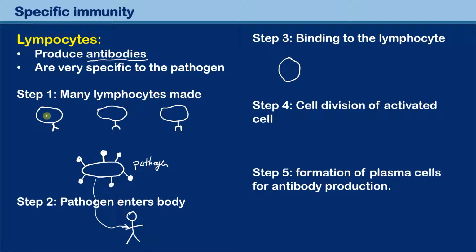I'm just going to call this lymphocyte 1, lymphocyte 2, and lymphocyte 3, because otherwise you get confused with a B, because there are B lymphocytes as well. So, and this one over here, as we remember, has this round surface structure over here, and it binds against the pathogen. That's the pathogen. And that's the lymphocyte.